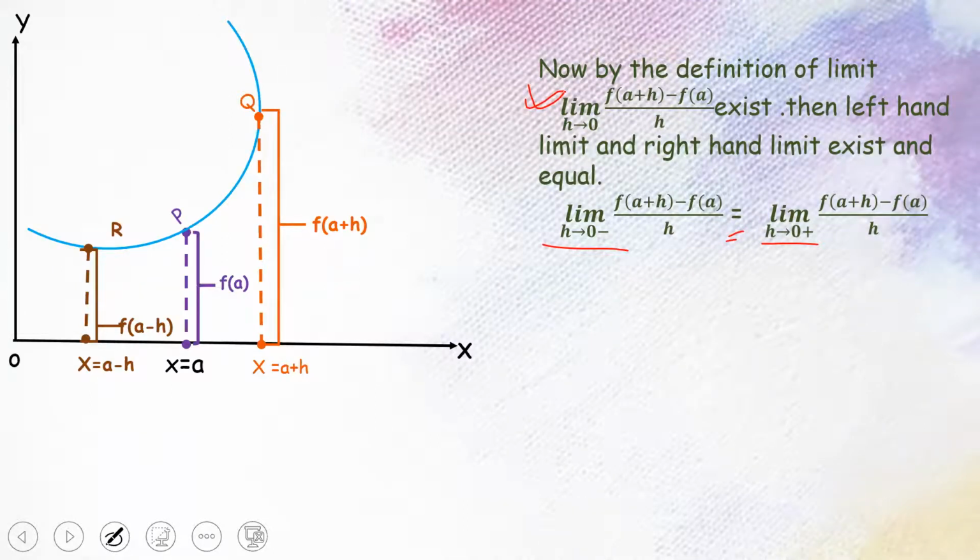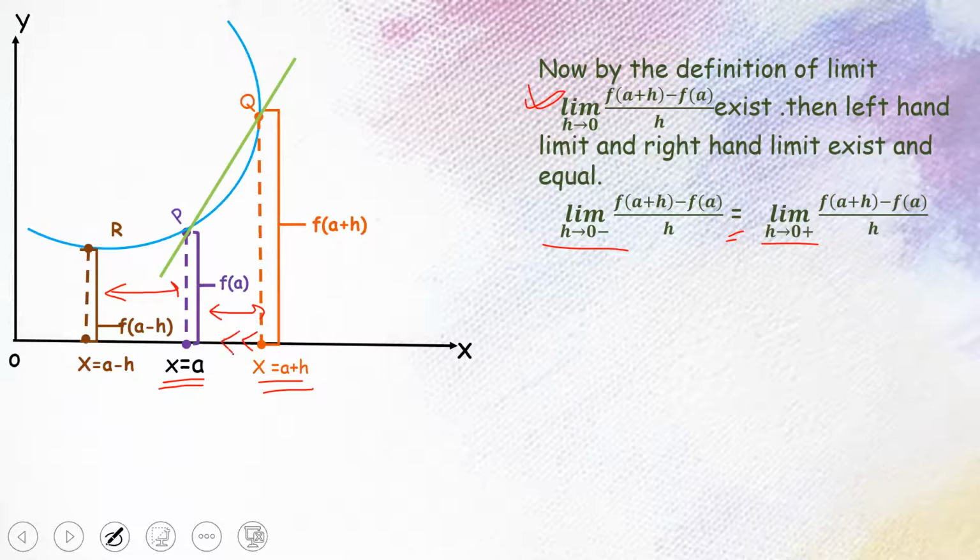So here I am taking the same thing, x equals a at point P and x equals a plus h. That means this distance is h and this distance is also h. Now again we are moving towards this point, that is I am taking from the right, h tends to 0 positive.